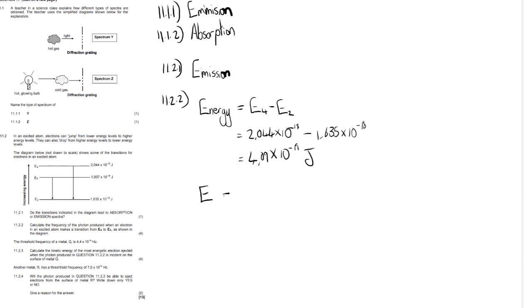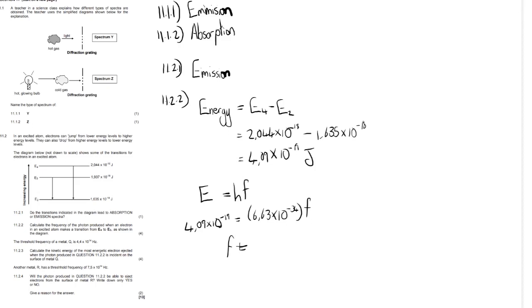Now I know light energy has this formula, and it is so coincidental that they're asking for the frequency of the photon produced, when I know what the energy of that light is, and Planck's constant, of course, we have. So the energy in this case is going to be 4,09 times 10 to the power of negative 19. I know Planck's constant is 6,63 times 10 to the power of negative 34 multiplied by frequency.